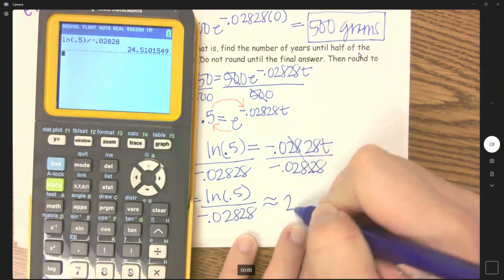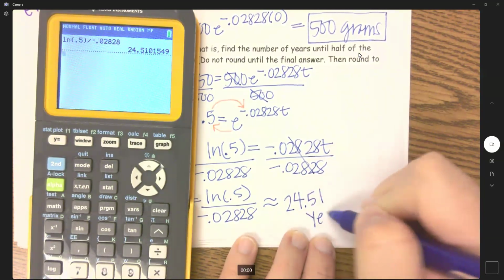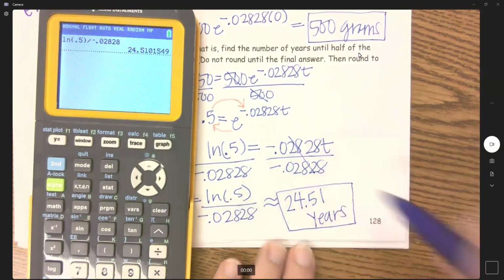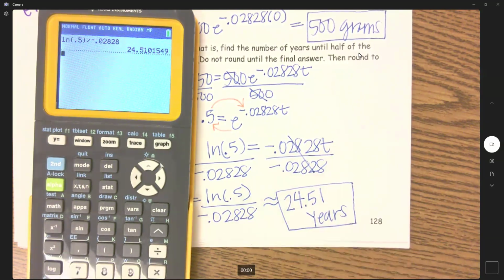Rounding to 2 decimal places, we get 24.51 years. I don't think it told us how to round on the first one, so we just said 24.5, but you can see we got the same answer by using the intersection method or by solving it by hand.